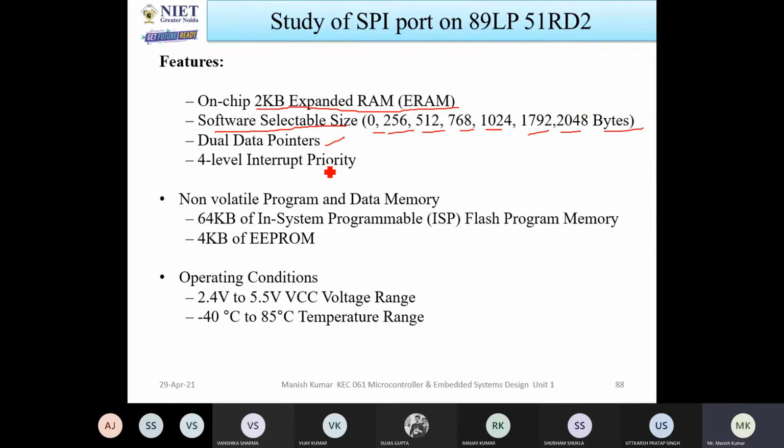And 4-level interrupt priority. If multiple interrupts occur at the same time, what will you do? How will the processor handle this type of interrupts? Let us consider you have a cell phone or mobile phone. मोबाइल फोन में क्या होता है, कॉल भी आ रही है, मैसेज भी कर रहे हैं, गेम भी खेल रहे हैं, you can do any type of task, but the call priority is highest. तुम कुछ भी करते रहो लेकिन कॉल आ जाएगा.